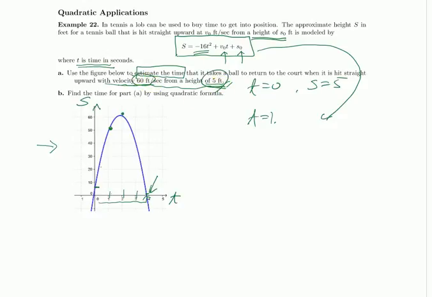So initial velocity, when you hit the ball, is 60 per second. All you need is to put 60 for V0 and 5 for S0. So we have a function: the height with respect to time t is negative 16 t squared plus 60t plus 5.